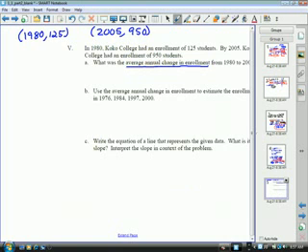What does that mean right there when it says average annual change in enrollment? That's asking for the slope, isn't it? Average rate of change is always the slope. So that's change in y over change in x. So 950 minus 125.